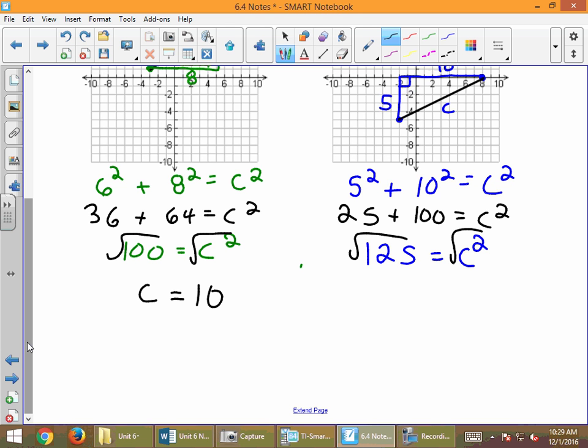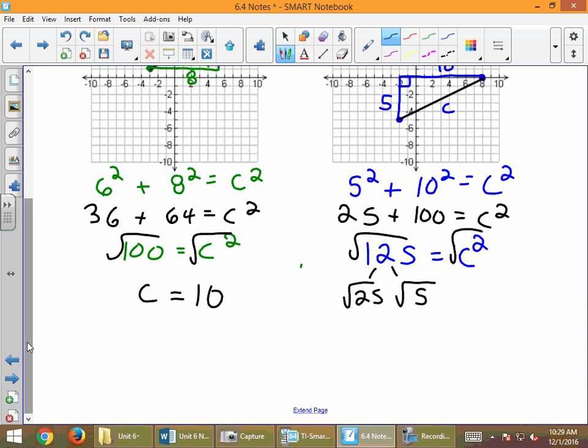Look at this decimal? Don't do that. We are going to have to factor it out. So we're looking for the largest perfect square that goes into it. So what times what gives me that? 25 and 5. 25 is a perfect square.